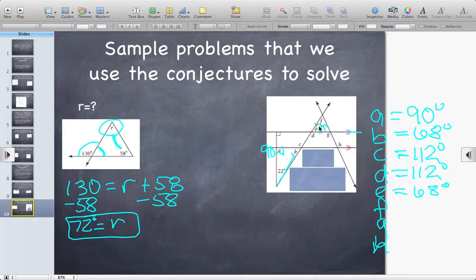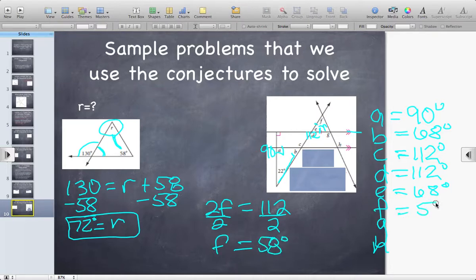Well, we already know that angle D was 112 degrees, and we know that remote interior angles are congruent to the exterior angle, so that means the two F's added together is equal to 112 degrees, so let's divide that in half, split up what the F value is, and we get 58 degrees this time. So F is equal to 58 degrees.